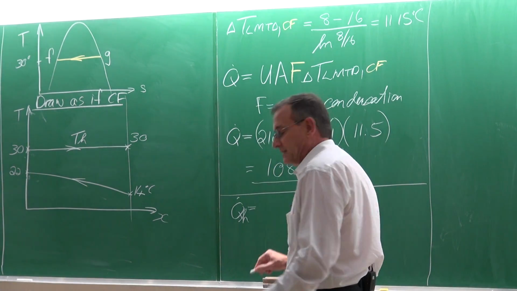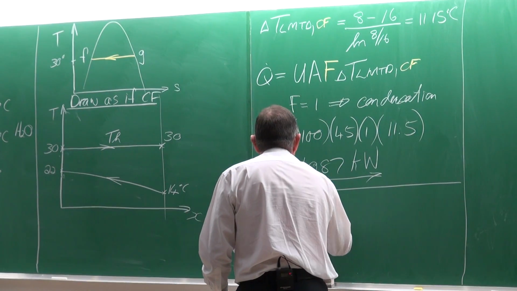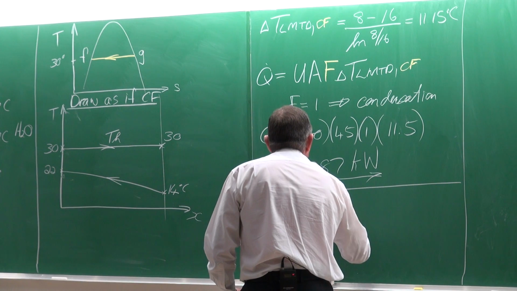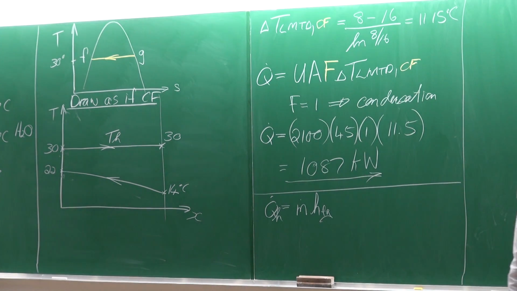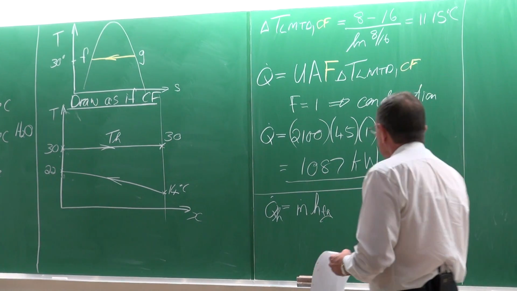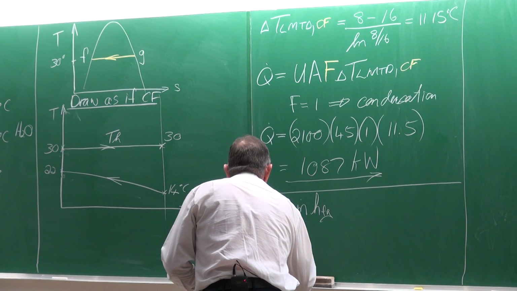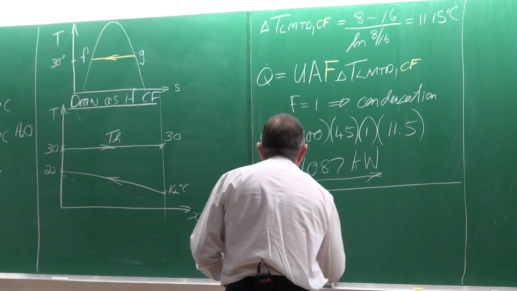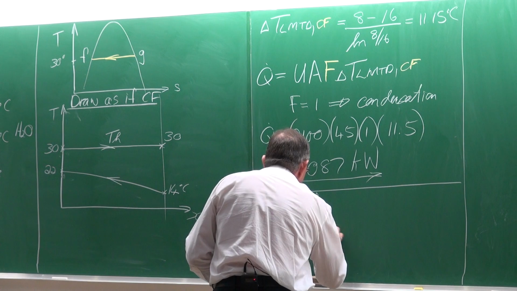the heat transfer rate is equal to the mass flow rate multiplied by the change in enthalpy for the steam. The heat transfer rate is equal to 1087 multiplied by 10 to the 3.